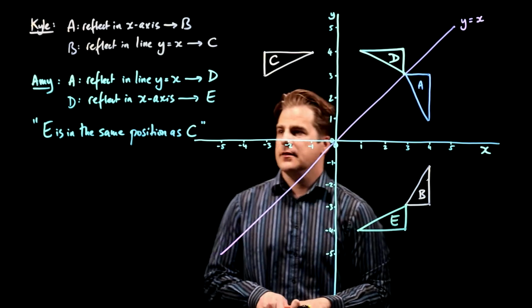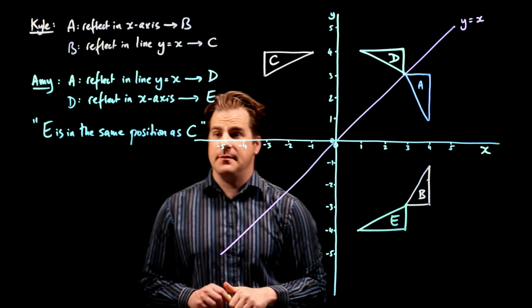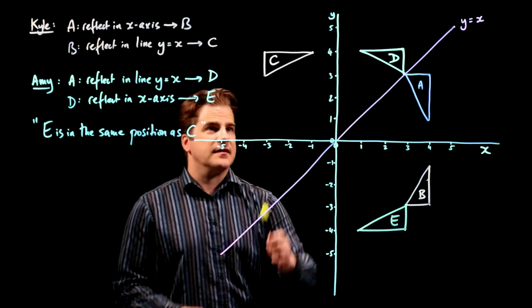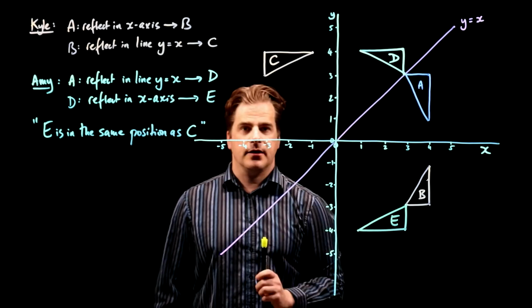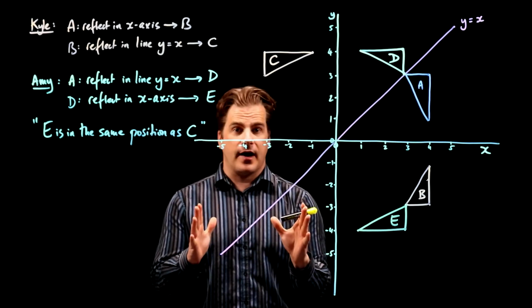Right, we're ready to test Amy's hypothesis. E is in the same position as C. I'm afraid it isn't, Amy. C is over here and E is there. So, don't fall into this trap.